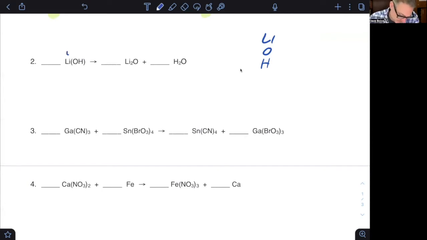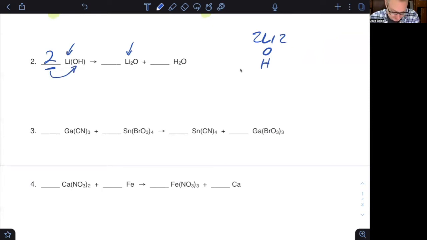Lithium, I've got 1 right here, and I have 2 right here. So let's fix that. 2 on both sides. Oxygen, since this 2 right here counts for everything after it, the lithium hydroxide, I have 2 oxygens here.